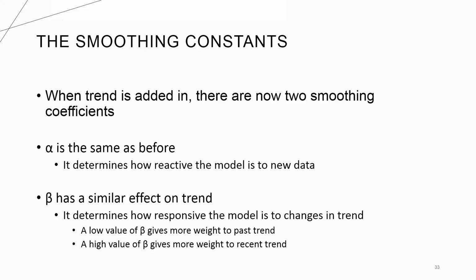But if the trends aren't actually changing, then having a high beta is going to make your model a little bit less accurate, because random fluctuations that are not actually reflective of new trends are going to make the model think that there's a new trend and make adjustments that it shouldn't make.